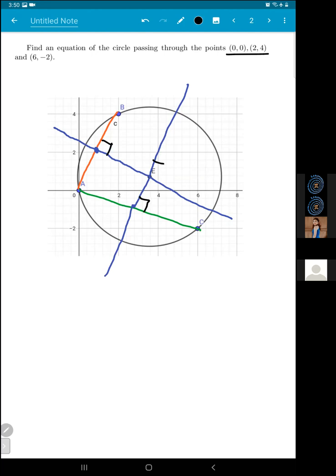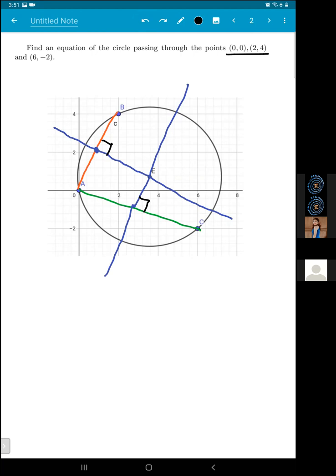Now, this is not necessarily 90 degrees, okay? So we get another one, we get the equation of this one, and then set up a system. And then we just repeat what we did for the previous bisector.